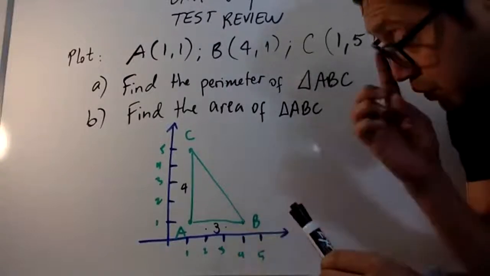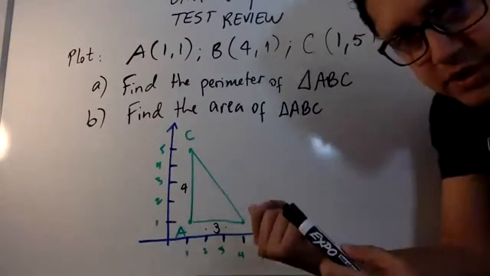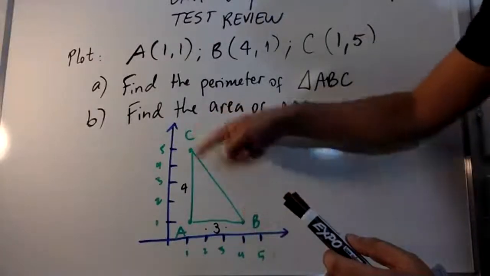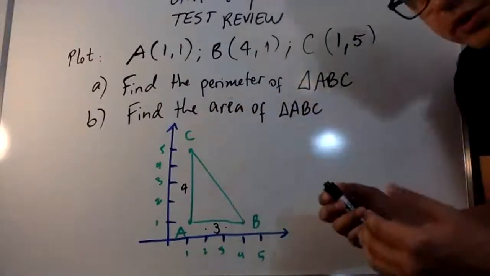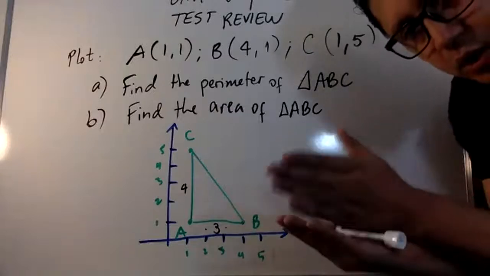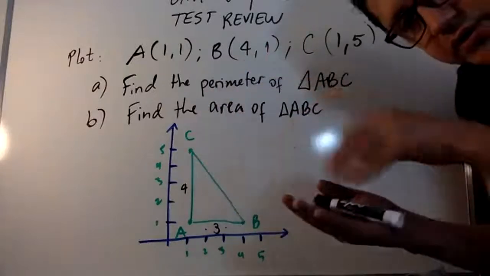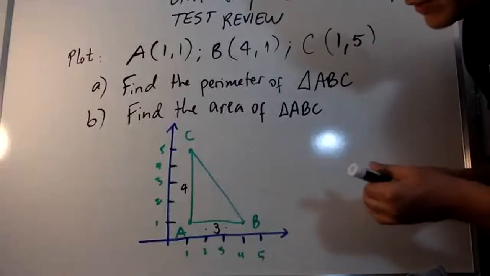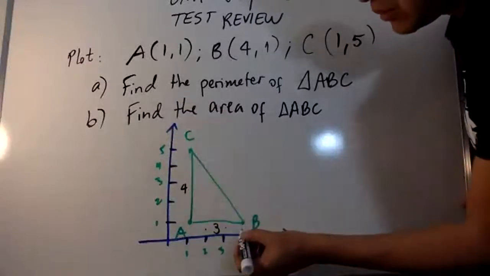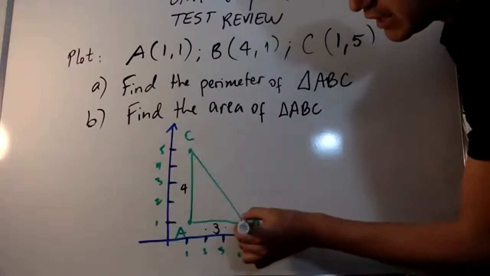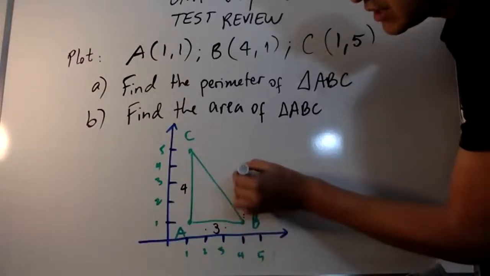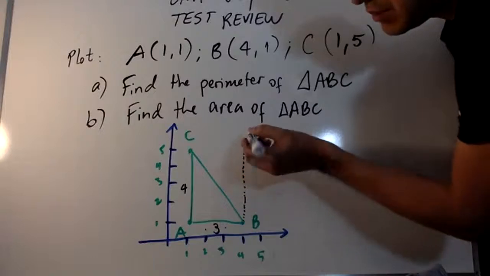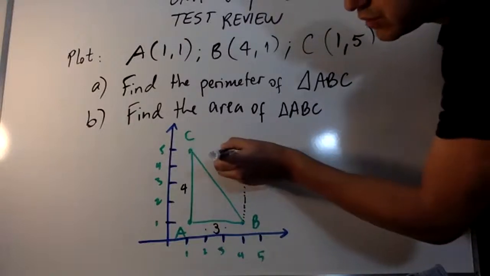So the first thing we do, if you want to find the distance between C and B, is break it down into horizontal and vertical. If I cannot go diagonally, I have to go up and then to the left. Then I stop when I am at the same height, and then I go to the left.